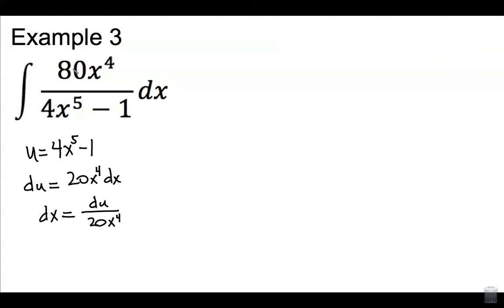Now let's replace some stuff in the original example. The indefinite integral of 80x to the 4th power all over, this gets now replaced with u. Dx gets replaced with du over 20x to the 4th power. X to the 4th powers reduce each other to 1. 80 divided by 20 is 4.